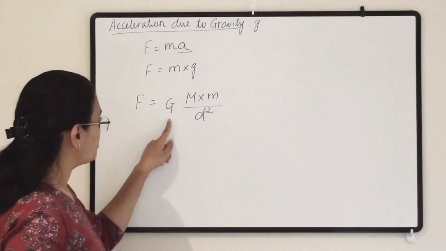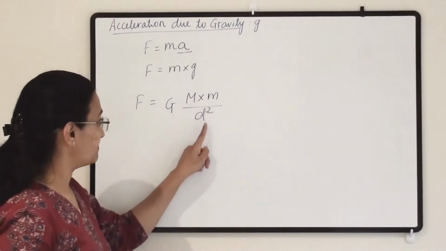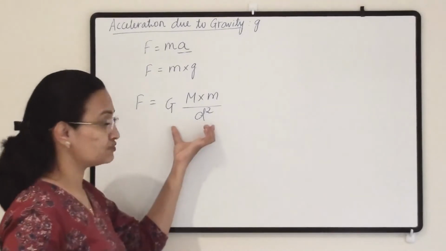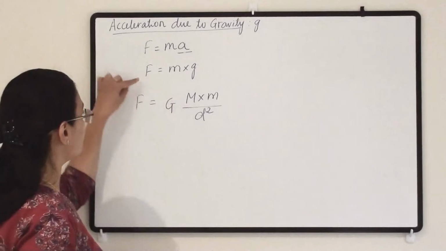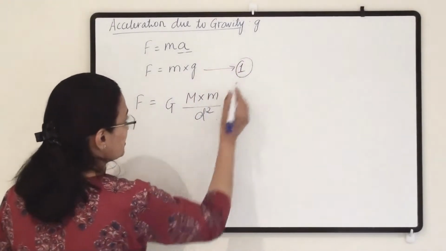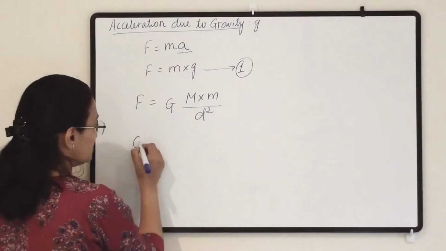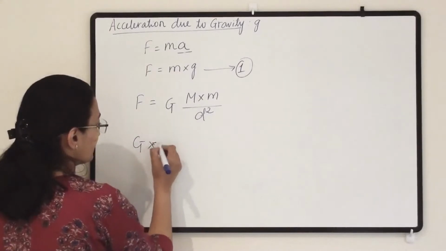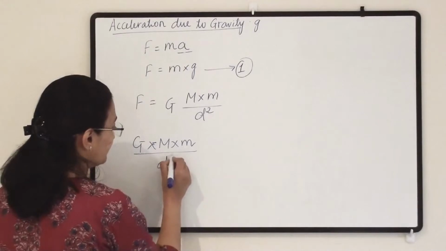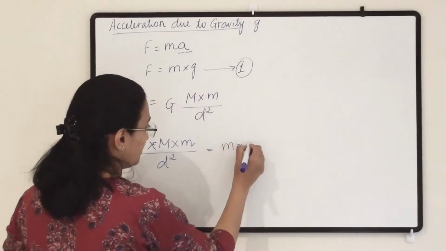So F equals G, the product of both of the objects' masses, and in the denominator the distance square. This is a formula, so here we are going to replace it in this first equation. In this first equation we are going to put this value for F. So it is going to be G into M into small m divided by d square equals m into g.